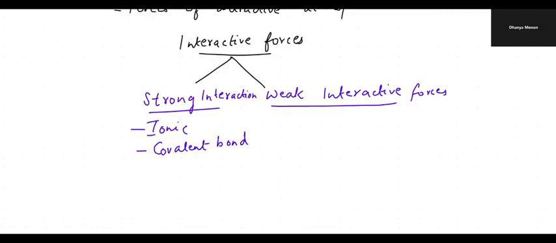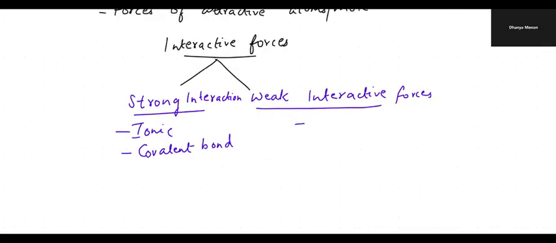Okay, now weak interactive forces are for molecules that have weak forces of attraction between them, and that is nothing but one is van der Waals force and one is hydrogen bond.